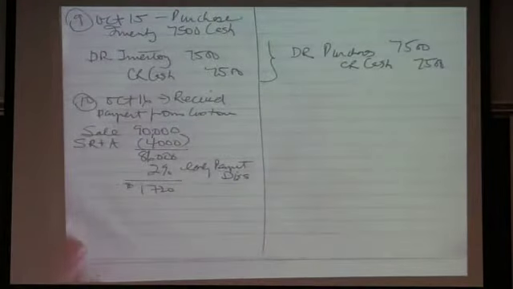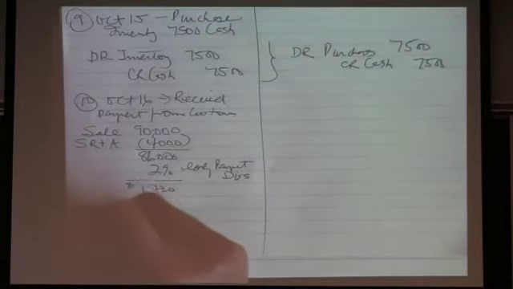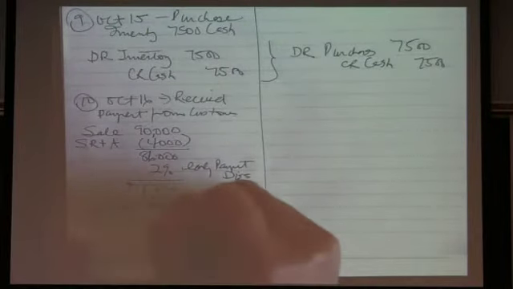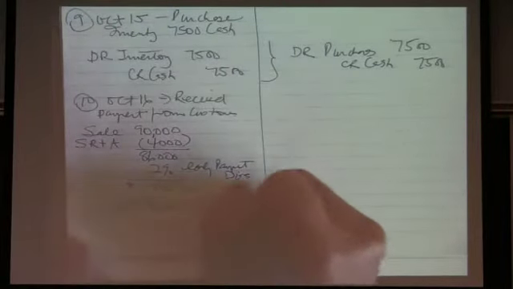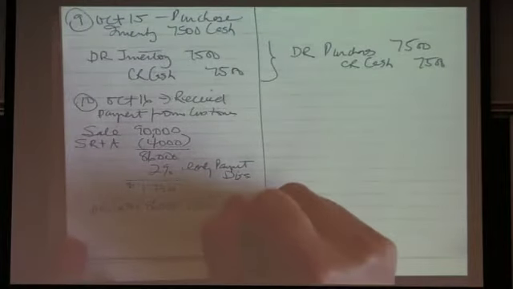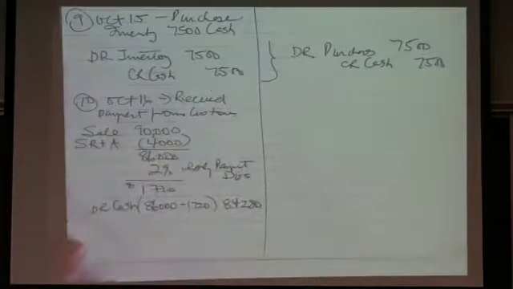So our entry at the date that we collected from our customers is going to be debit cash for 86,000 minus 1,720. So that is 84,280.